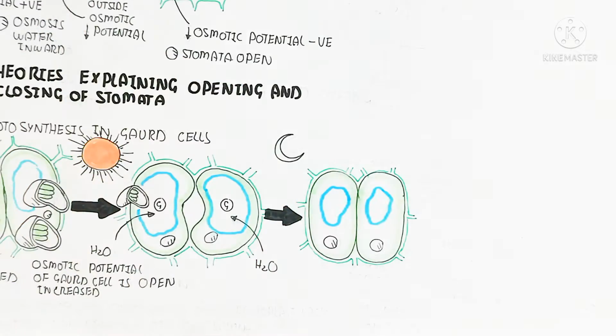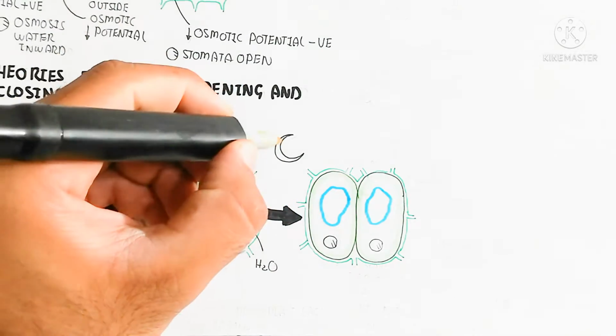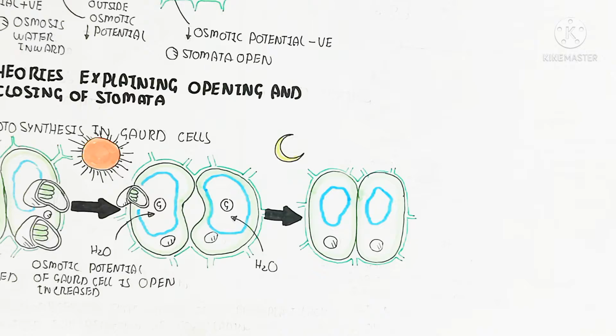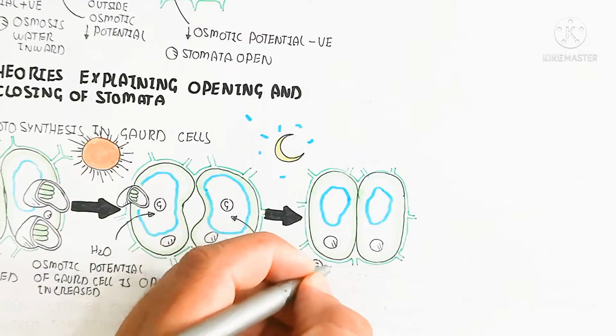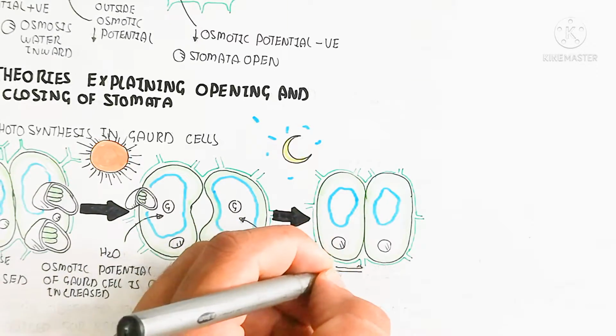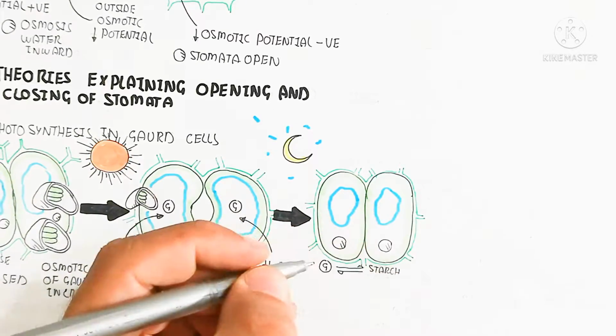The water potential will be, for example, zero or positive outside and less negative, while the inside is more negative. So in this way, the water will move inside.